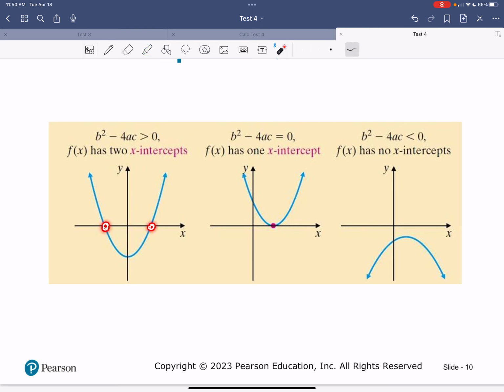That's what I'm looking for. In Math 112, you're going to spend a lot of time looking at parabolas deeper, and looking at where these functions cross the x-axis.